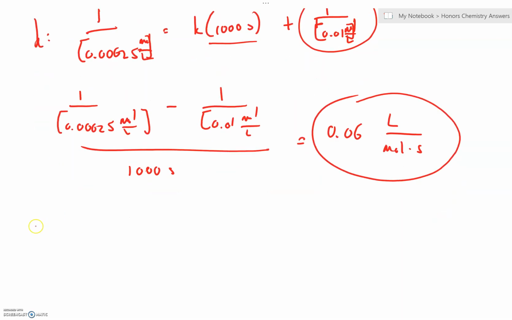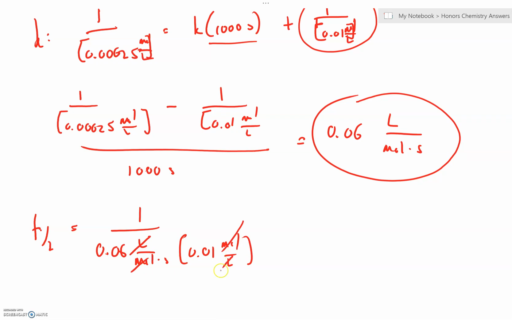And if you wanted to find the half-life, t1/2 is equal to 1 over k times the initial concentration, 0.01 moles per liter. Now watch what happens when we do this with the units. k is 0.06 liters over moles seconds, and the initial concentration is 0.01 moles over liters.